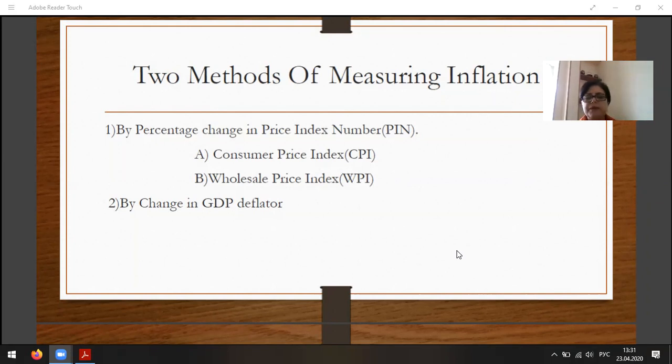And the second method is calculating the inflation rate in terms of the GDP deflator. Now, how can we do that more precisely?